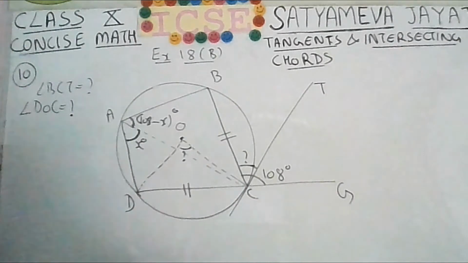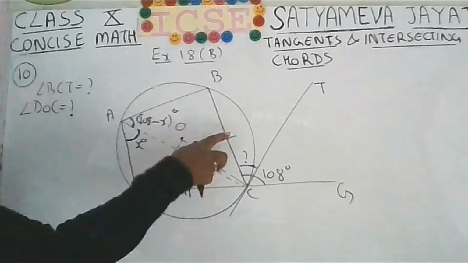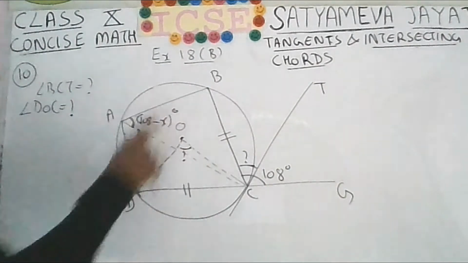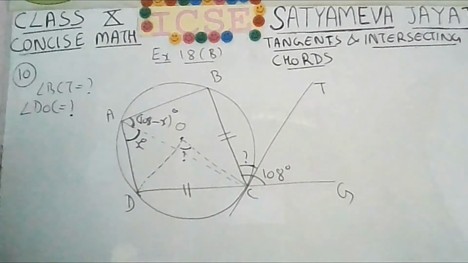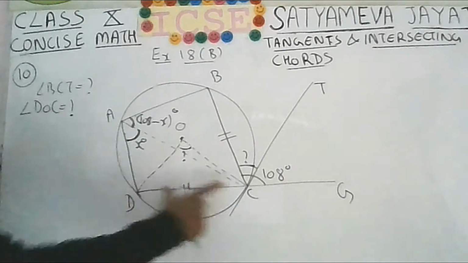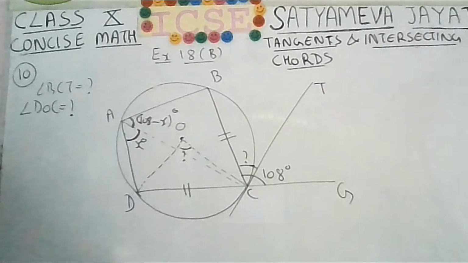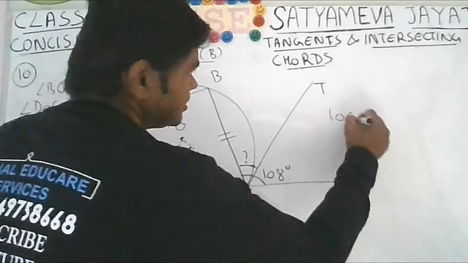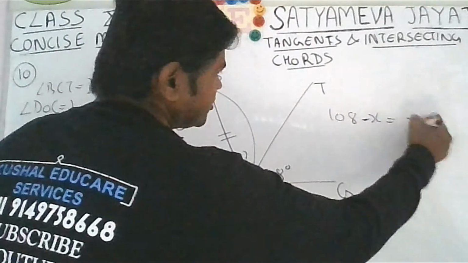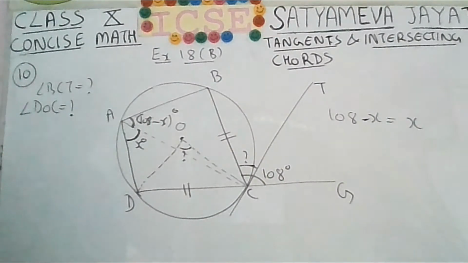So now CD is subtending angle X degrees and BC is subtending an angle 108 minus X degrees, and it has been given that CD is equal to BC. That means the angle subtended by them will also be equal, so 108 minus X will be equal to X. How can you say so?